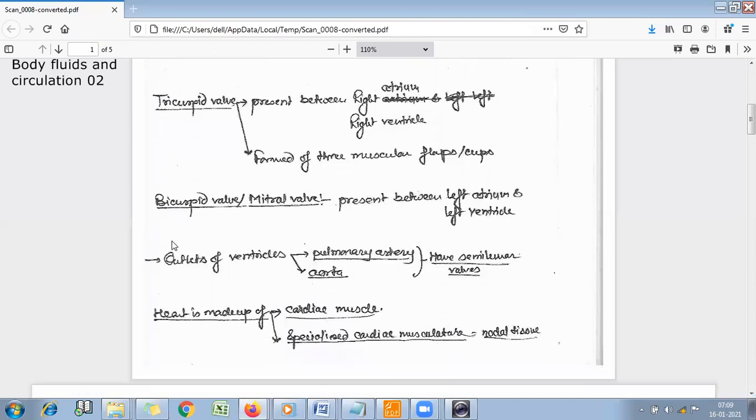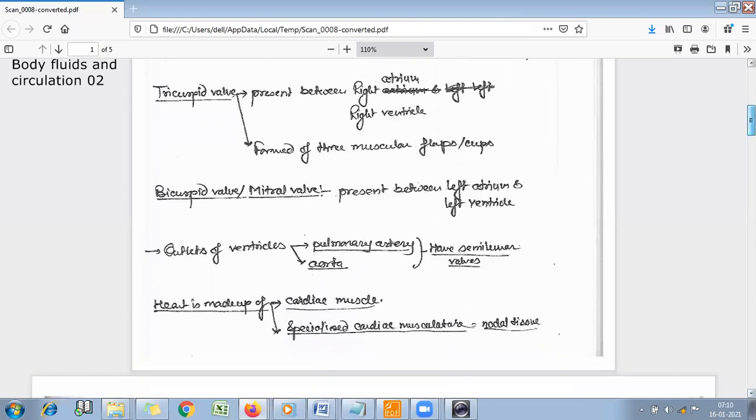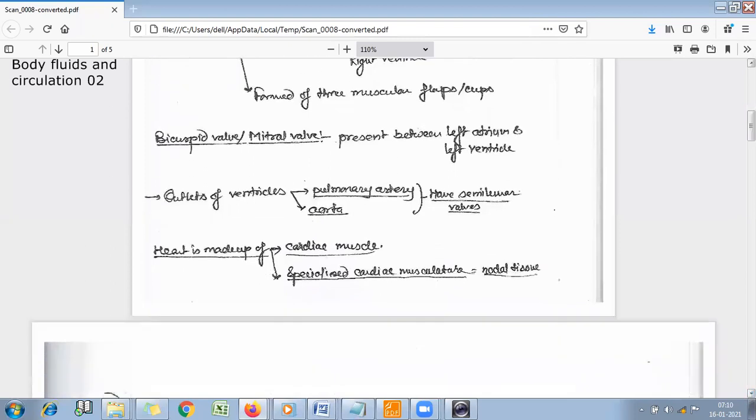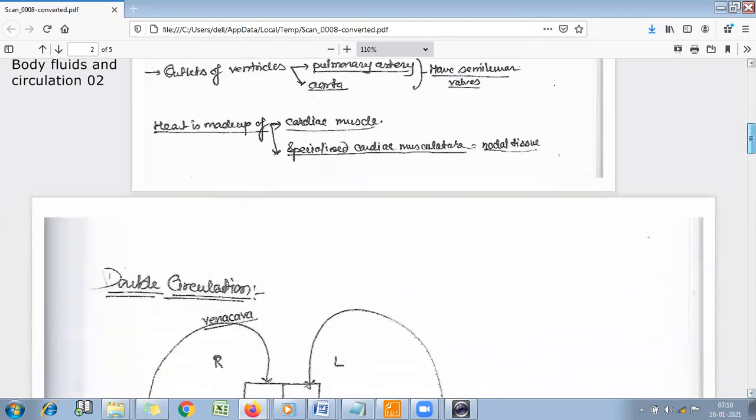I have told that the outlets of the ventricle, the pulmonary artery and aorta, have semilunar valves. And as we know, the heart is made up of cardiac muscle and specialized cardiac musculature. This specialized cardiac musculature is called nodal tissue.